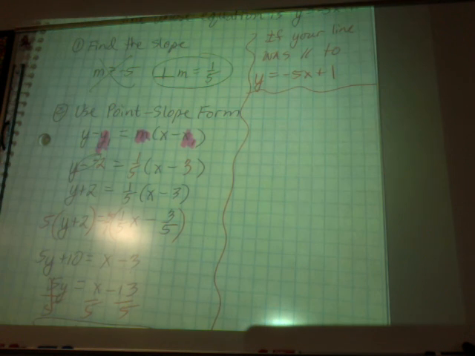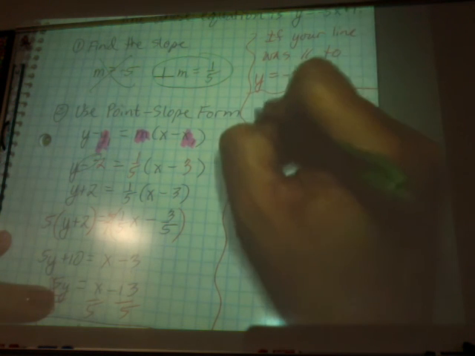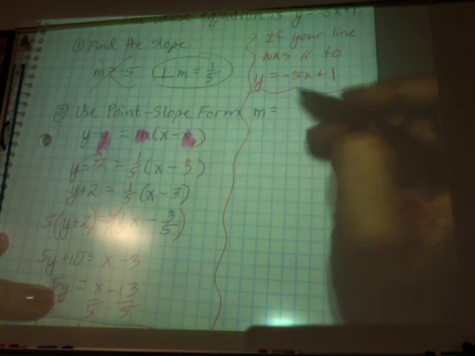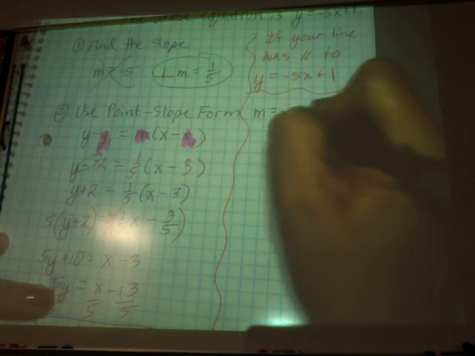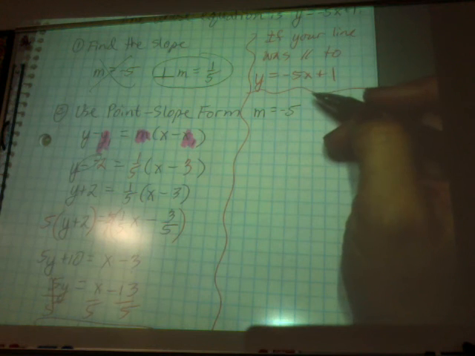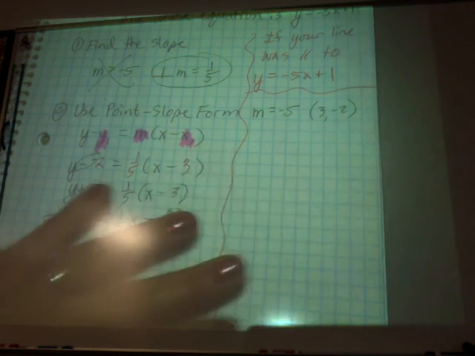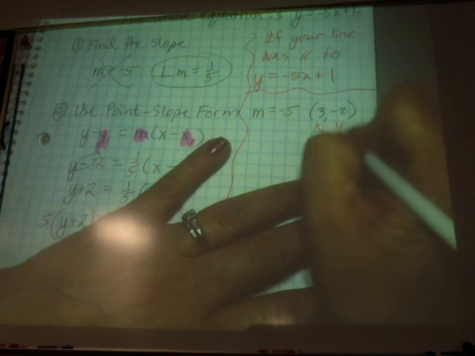You're still going to use that same point of 3, negative 2. So now what's the slope that you're going to use? What's the slope of this line? Negative 5. Won't you use the same slope? Parallel lines have the same slope. You're still going to use the same point, 3, negative 2. So this becomes your x sub 1, y sub 1 again.